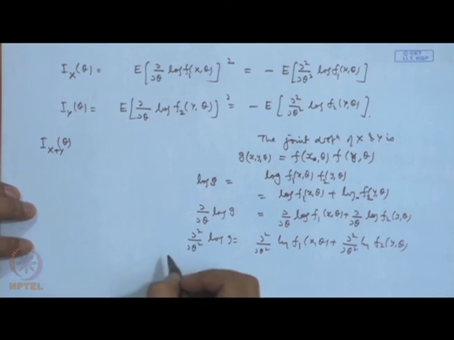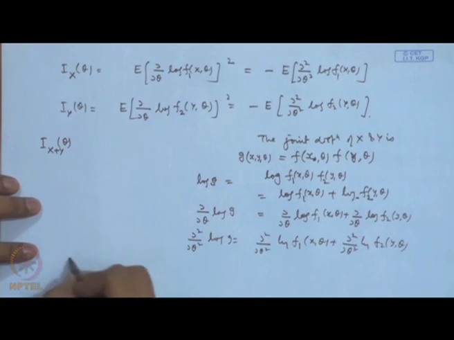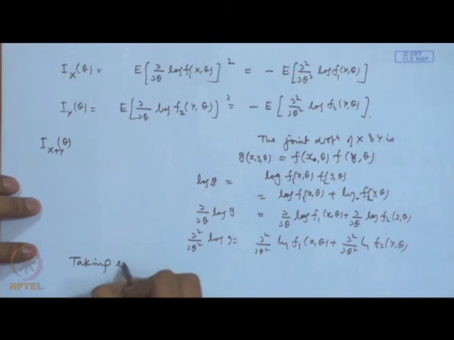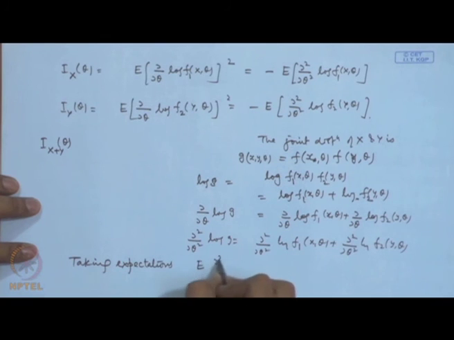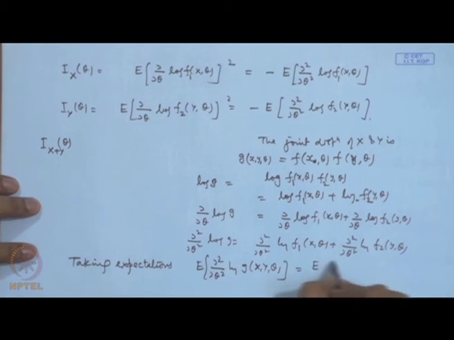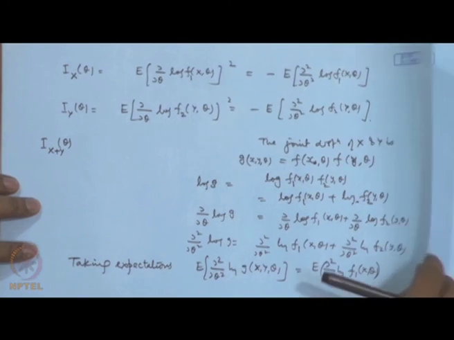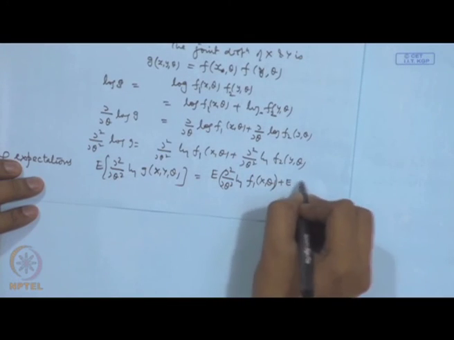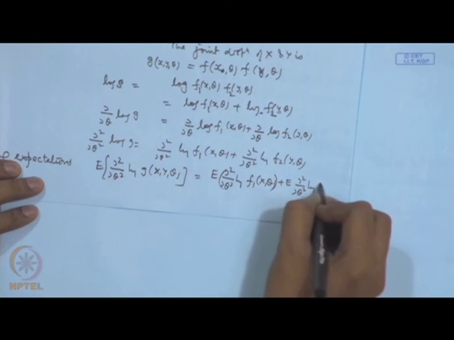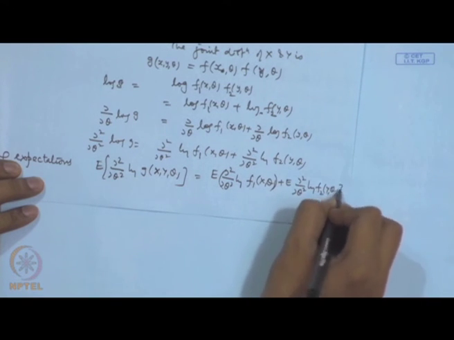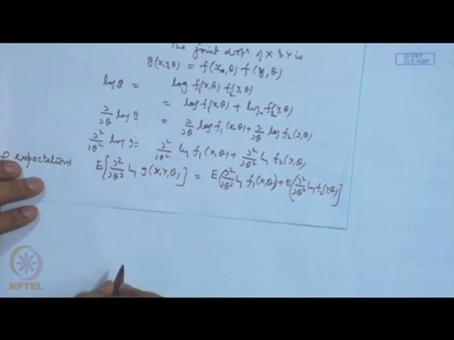So, if I take expectations here, we get expectation of ∂²/∂θ² of log g(x, y; θ) is equal to expectation of ∂²/∂θ² of log f1(x; θ) plus expectation of ∂²/∂θ² of log f2(y; θ).